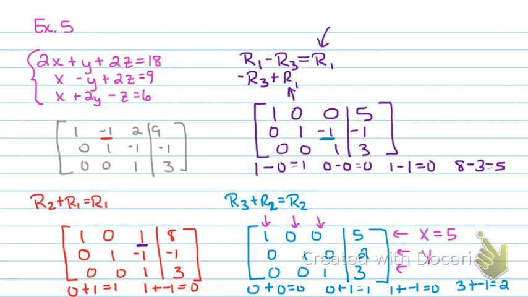This row tells me there's no x, but there's a y, there's no z, so that y is equal to 2. And then the third row down there tells me there's no x, there's no y, but there's a z, and it's equal to 3. Therefore, I'm going to write this right up here above, so we get our solution set of 5, 2, and 3. Same problem, same answers, 2 different ways to work it.